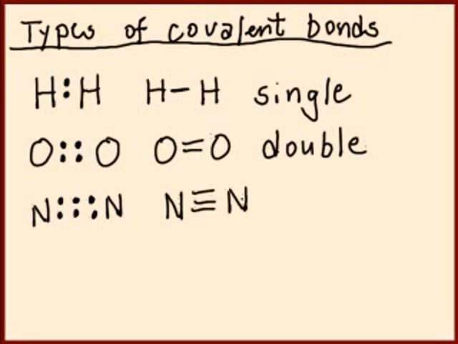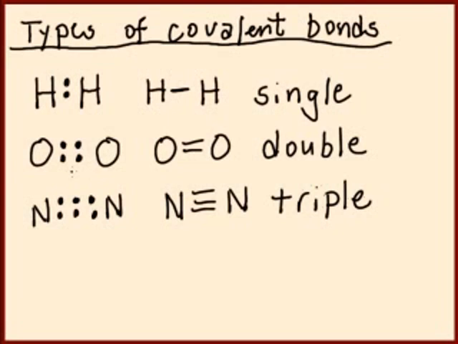As you can see, each line or each bond represents 2 electrons. And so in this third example, we call this a triple covalent bond. Again, these are different types of covalent bonds based on the number of electrons.